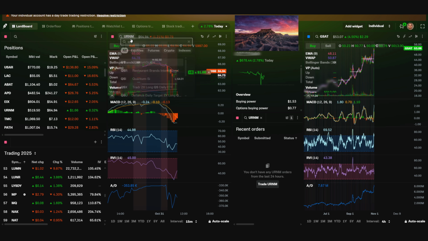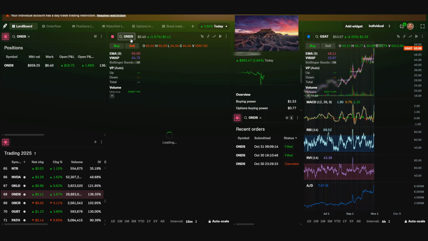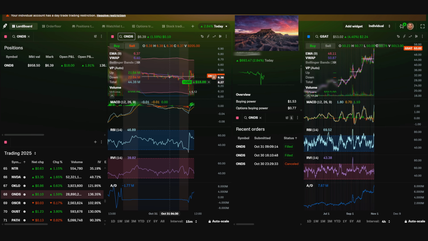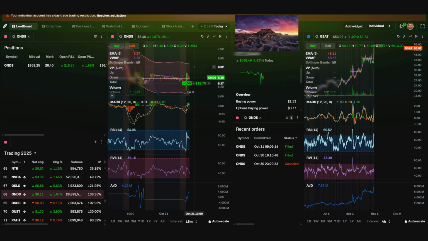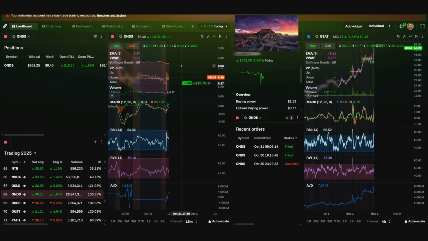Now, one ticker that's been getting a lot of traction lately is Ondas. My brother bought Rocket Lab thousands at $4. Rocket Lab is like $65 now. So I'm looking to get my own Rocket Lab.